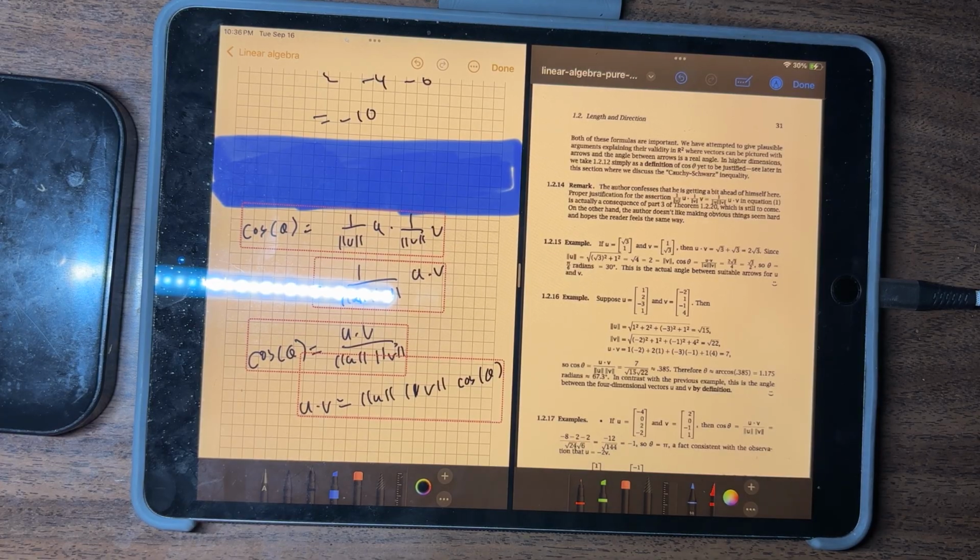If u is root 3 and 1 and v is 1 and root 3, then u dot v is root 3 times 1 plus 1 times root 3, which is 2 root 3. And the magnitude of u would be root of 3 squared, which is 3, plus 1 squared, which is 1, so root 4, which is 2.